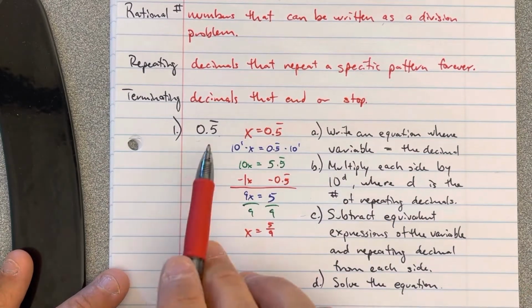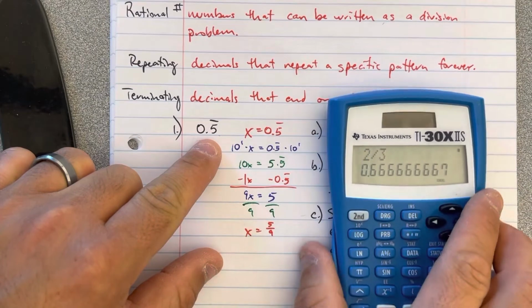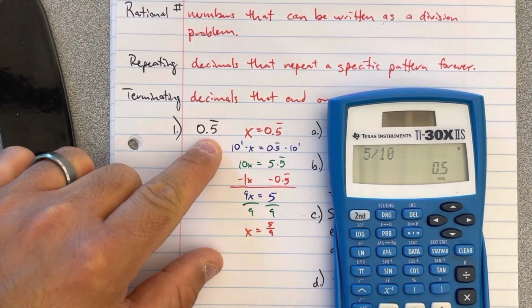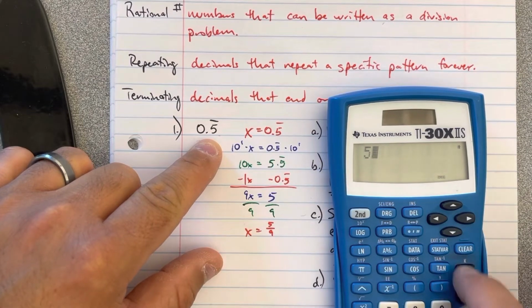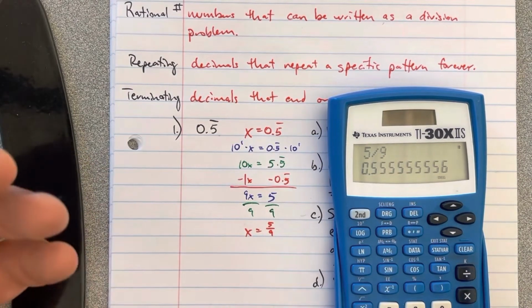So 0.5 repeating is 5/9 as a fraction. It's not 5 over 10. 5 divided by 10 is 0.5, not repeating, but 5 divided by 9 gives me 0.5 repeating.